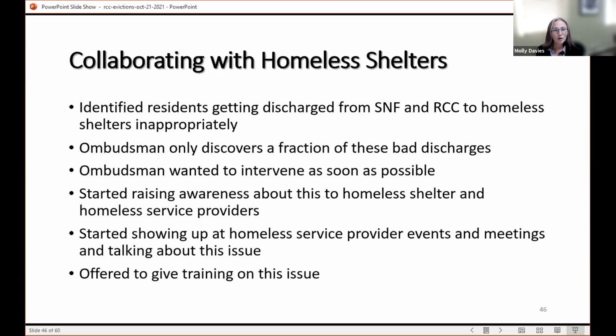So what we were seeing was that residents from both skilled nursing and residential care facilities or communities were sometimes being discharged inappropriately to homeless shelters. And we were finding out about it every now and again, but knew that we were only scratching the surface.